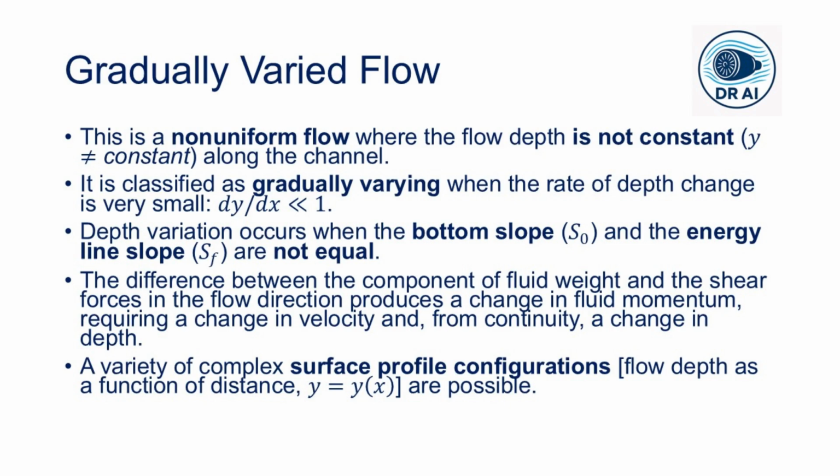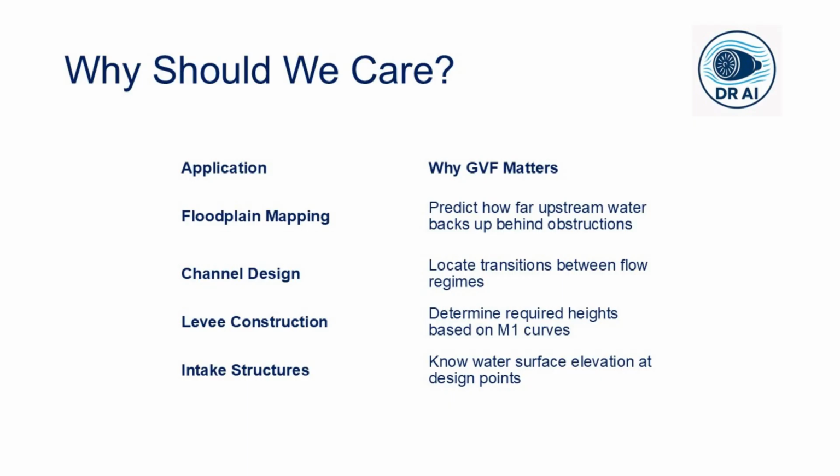We also saw that subcritical and supercritical flows respond oppositely to the same imbalance of forces. And we touched on the classification of profiles and their practical importance for floodplain mapping and channel design.